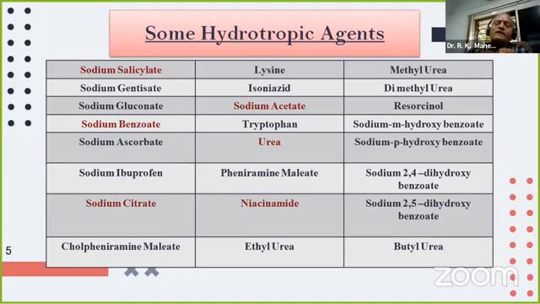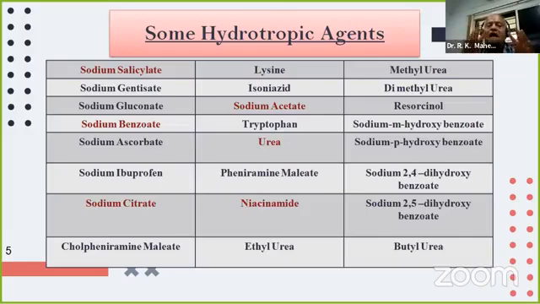Another example, if you prepare a concentrated solution of sodium benzoate in water, say 25%, 30%, 35% weight by volume, these concentrated solutions increase the solubility of a large number of poorly water soluble drugs like ofloxacin, gatifloxacin, norfloxacin, ornidazole, tinidazole, naproxen, flurbiprofen, ibuprofen, atenolol, aceclofenac, etc. All these are examples of hydrotropic solubilization.